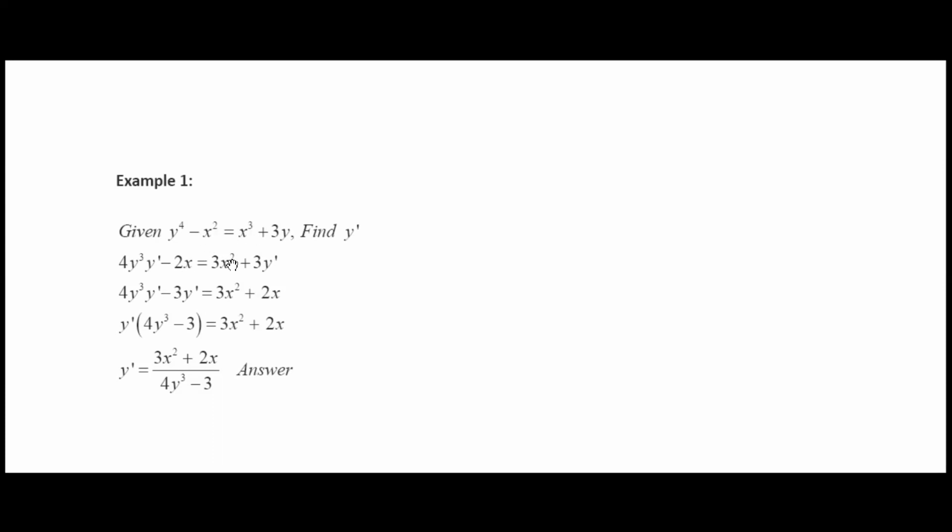Derivative of x cubed is 3x squared. Okay. Derivative of 3y is 3. Put a y prime with it. We're going to bring this over to the left, and we're going to bring this over to the right. We're going to factor out a y prime from this term, and we're going to solve for y prime, and we're done.